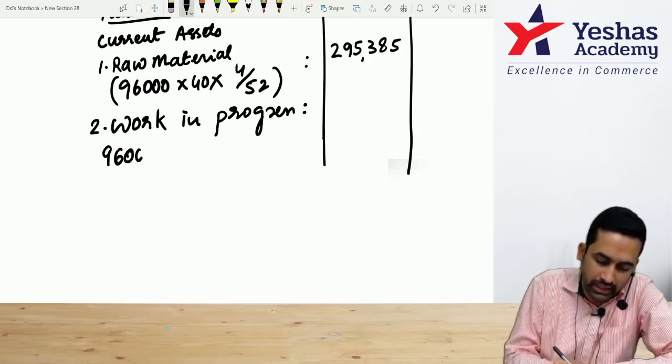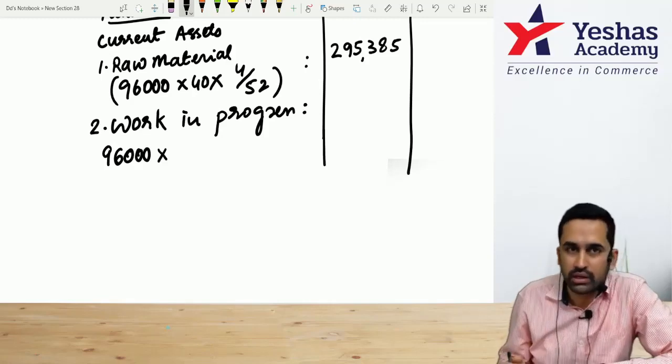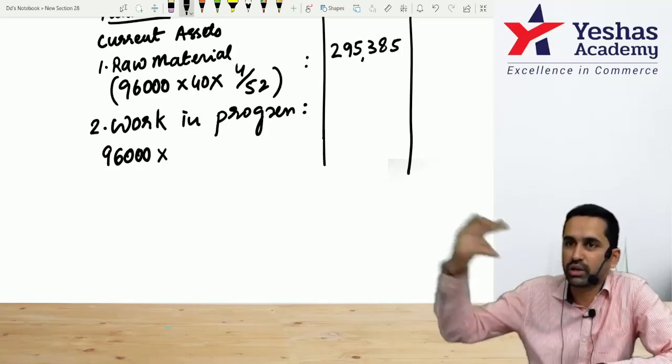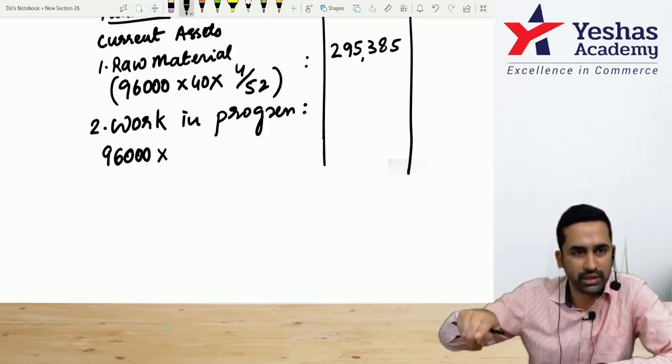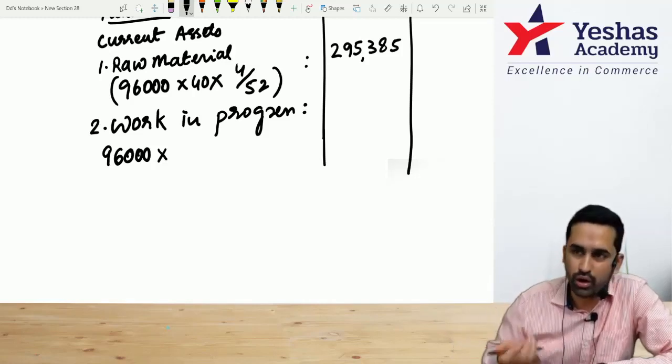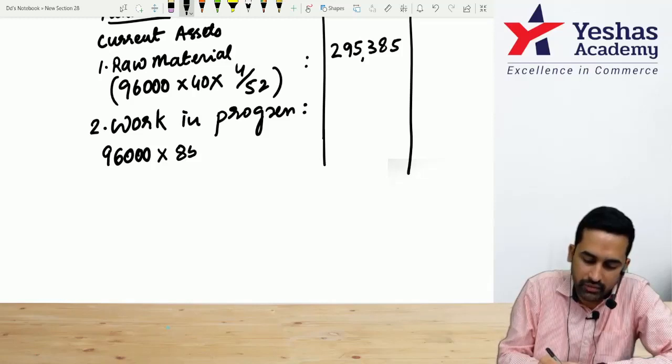In Calci, 96,000 units into. Tell me, is it enough if I take only 40 rupee? 40 is what cost? Material cost. For the production to happen, you also have to spend on labor and overhead. That means it is 40 plus 15 plus 30.